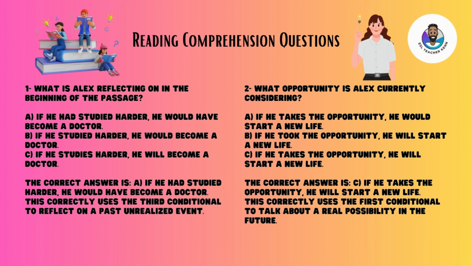Or C. If he takes the opportunity, he will start a new life. The correct answer is C. If he takes the opportunity, he will start a new life. This correctly uses the first conditional to talk about a real possibility in the future.